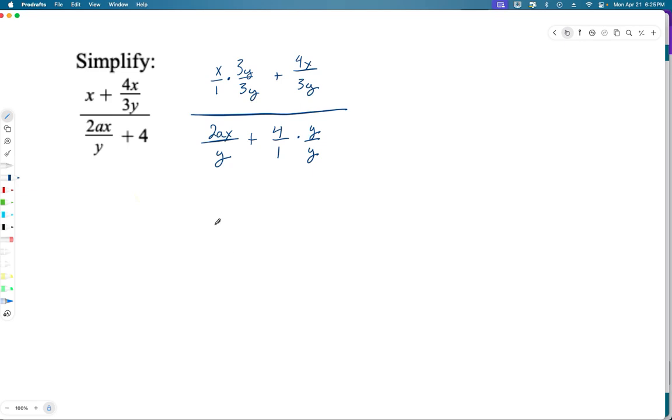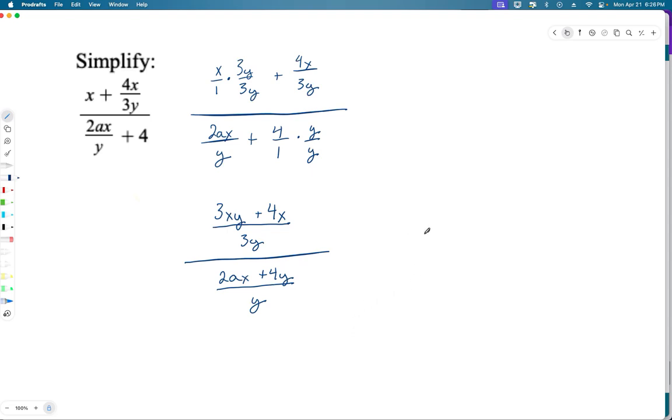So now I have 3xy plus 4x, and all of that is over 3y. That is divided by 2ax plus 4y, and all of that is over y. Now I can use keep it, change it, flip it. So when you have a fraction divided by a fraction, we do KCF.